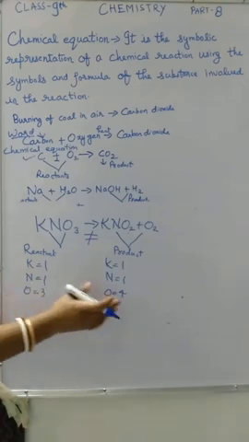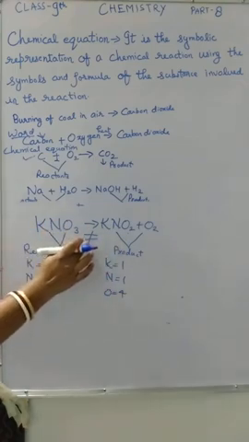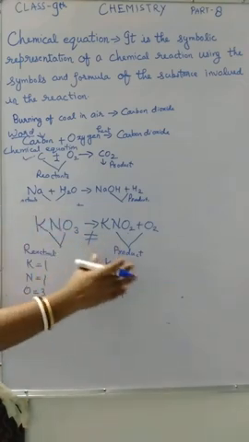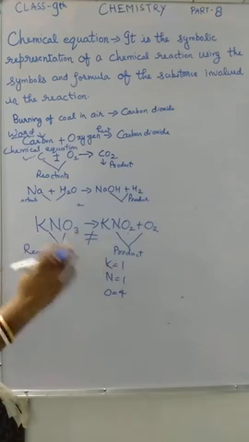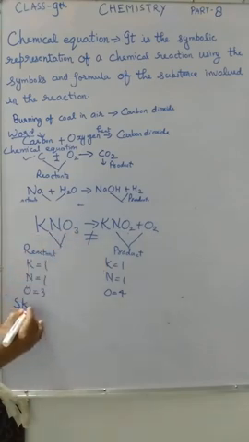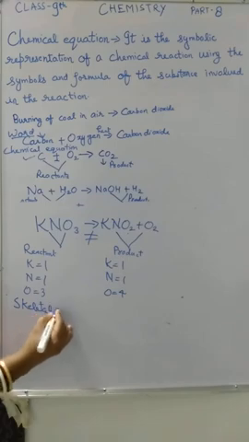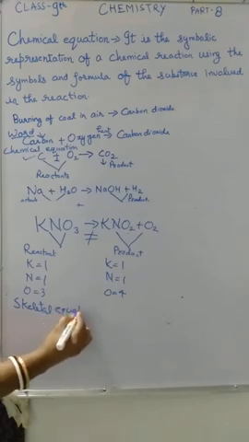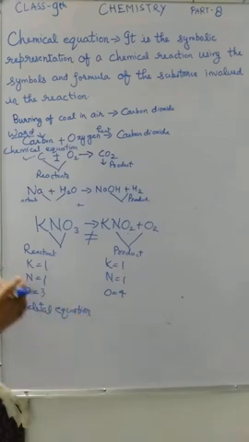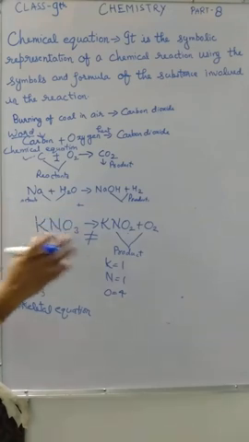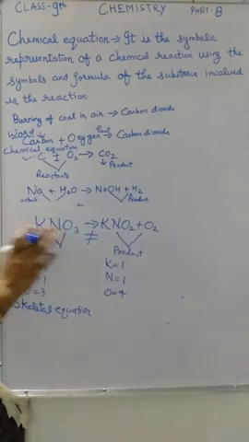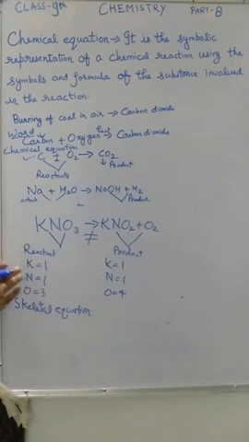So the number of atoms on both sides is not equal. That is why it is called a skeletal equation. In a chemical reaction, when the number of atoms are not equal, it is also called unbalanced. So these types of equations are called skeletal equations.